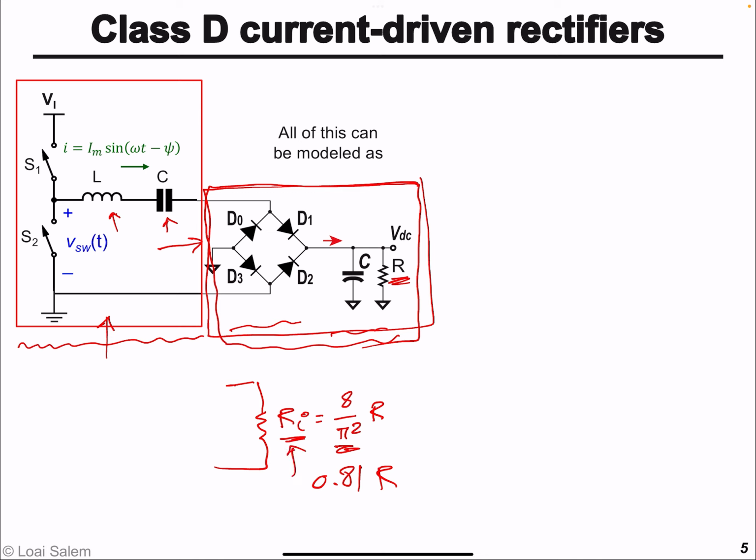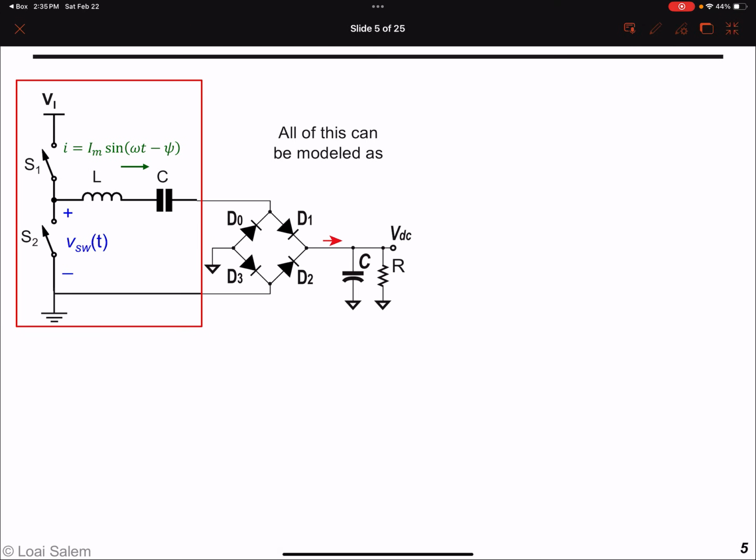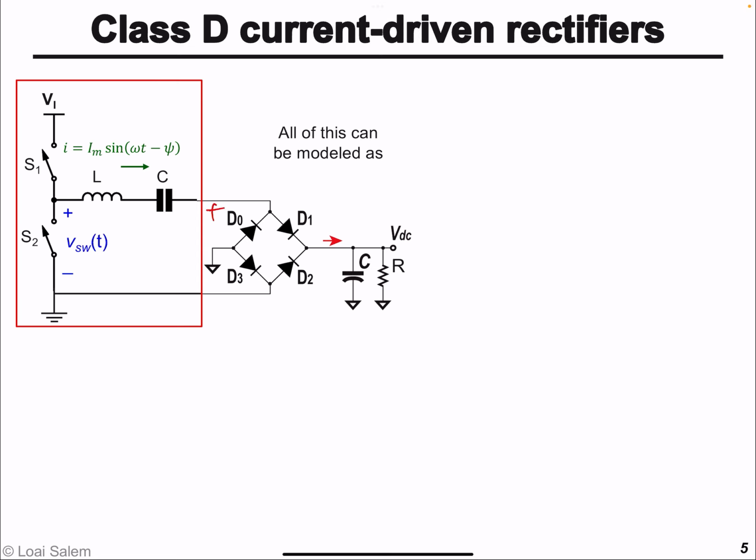To find the equivalent input resistance of the bridge rectifier as seen by the AC side, or the transmitter, essentially the resonant inverter, we need to find the voltage across the bridge rectifier. We already know the current flowing through the series resonance circuit, and it's sinusoidal.